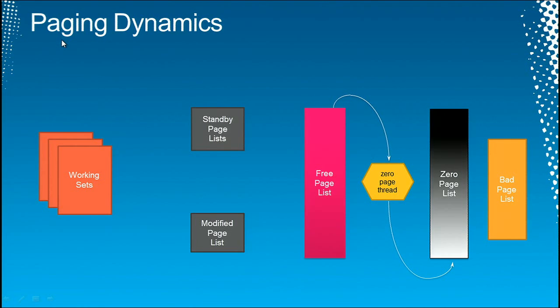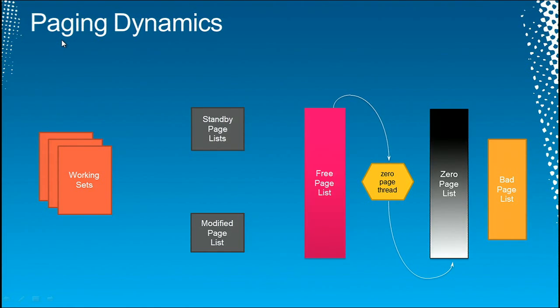That thread's only job is to zero pages. It's a very simple job, but the zero page thread does it extremely well. When it sees pages go onto the free page list, it says, oh, work to do. Its life is fulfilled when it zeroes pages.